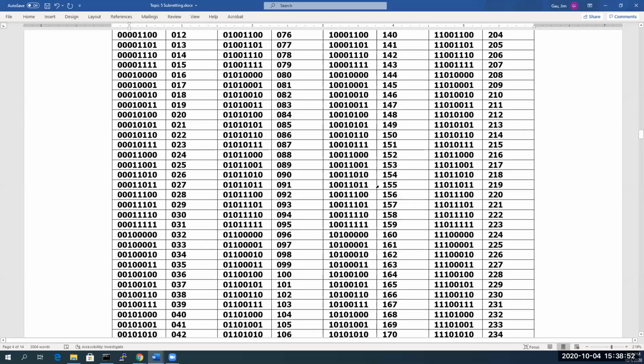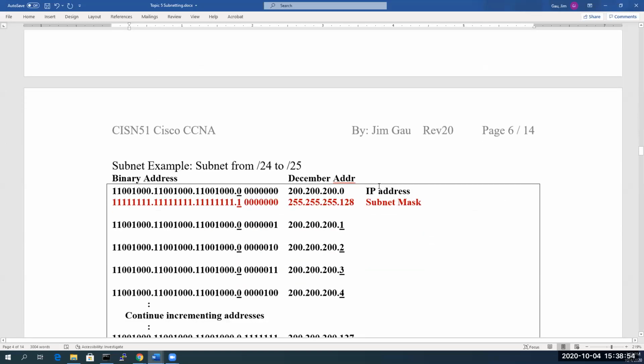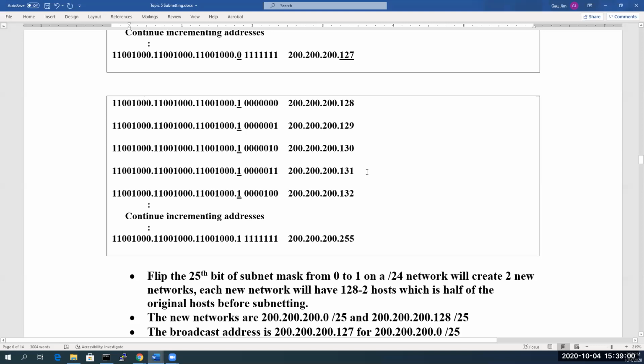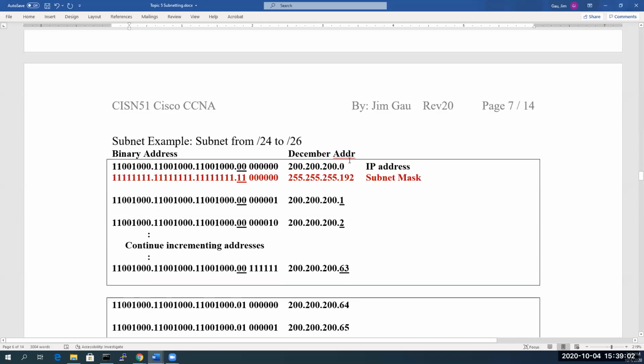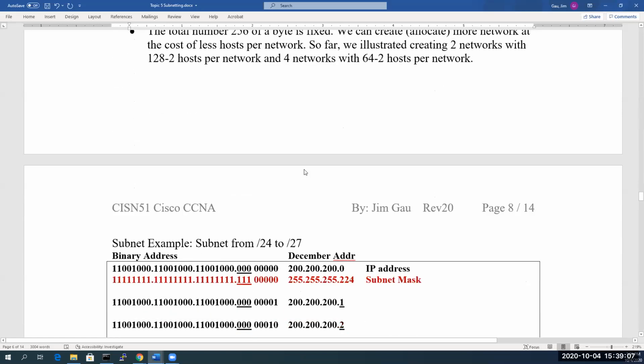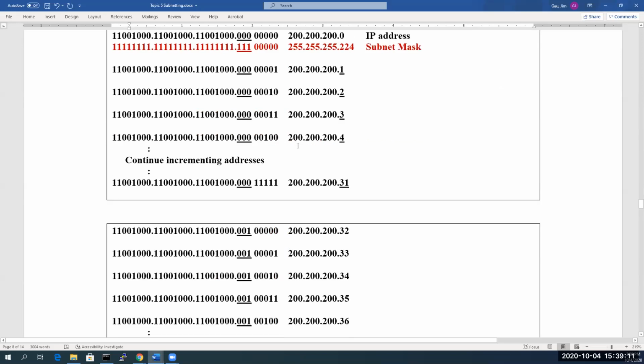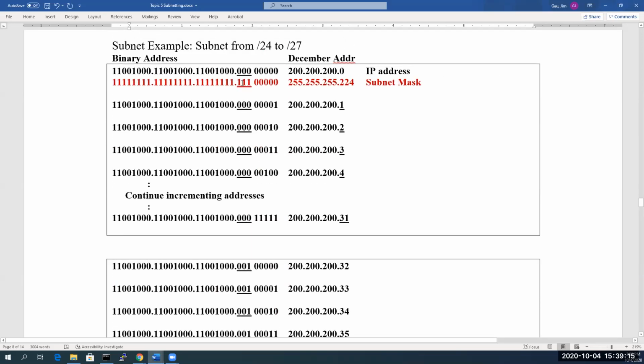All right, so this is the page for your reference. And we already talked about this from /24 to /25. And we also talked about /24 to /26. And now we're going to do one more, from /24 to /27. So if we take a look at that, from /24 to /27, we flip 3 bits to create subnets.